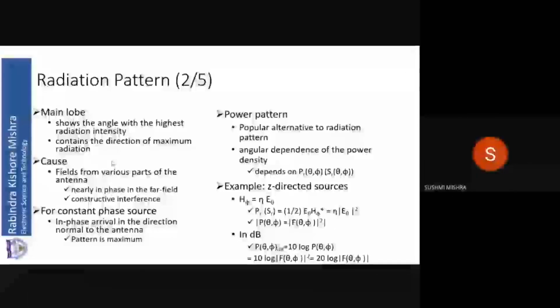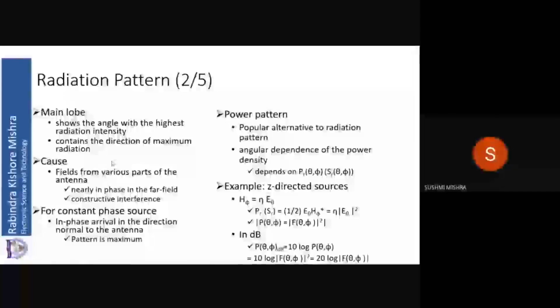Now for H phi you can put E theta star by eta. So E theta times E theta star is equal to E theta mod square. So P will be E theta mod square by eta. So P theta phi or the power pattern will be equal to mod of F theta phi square.